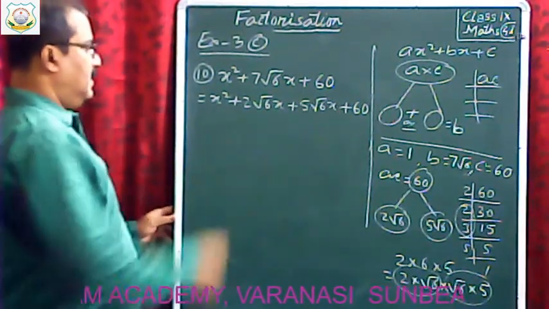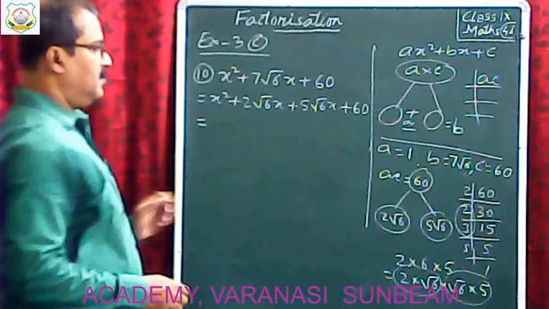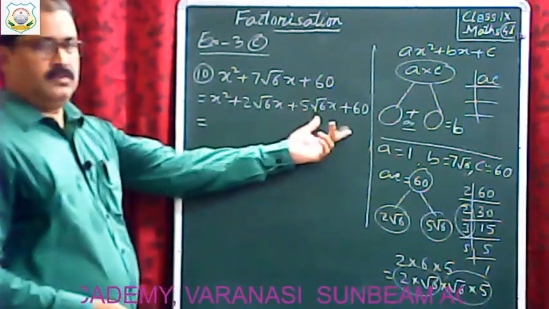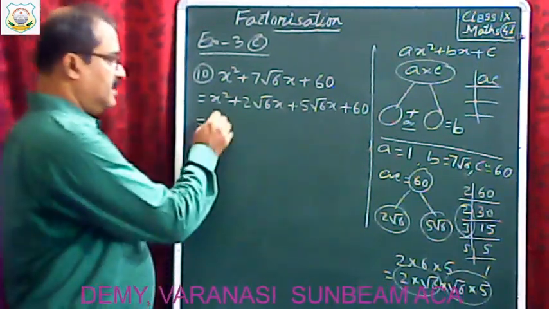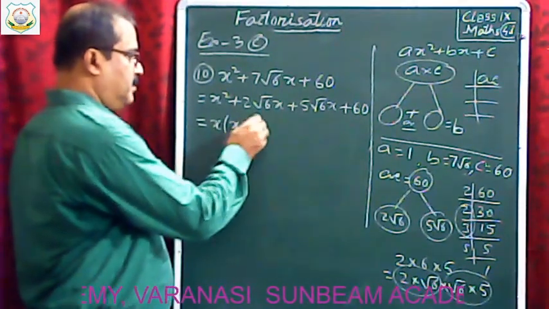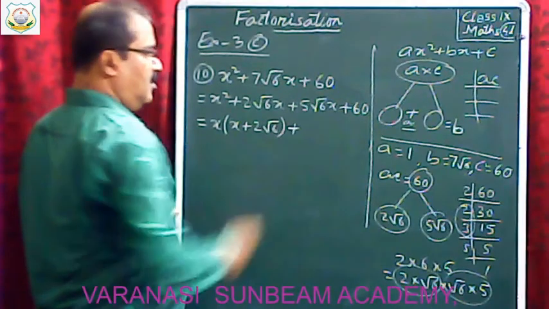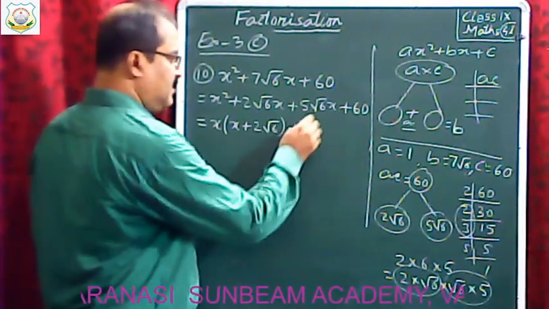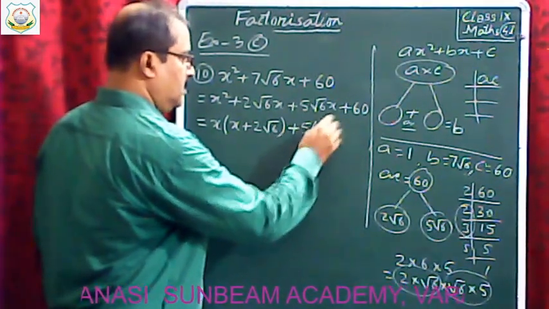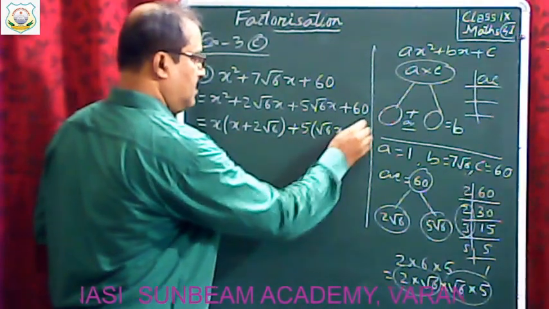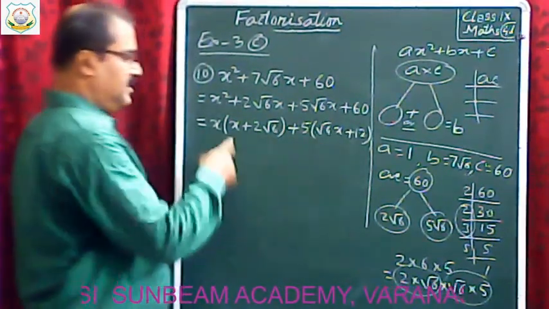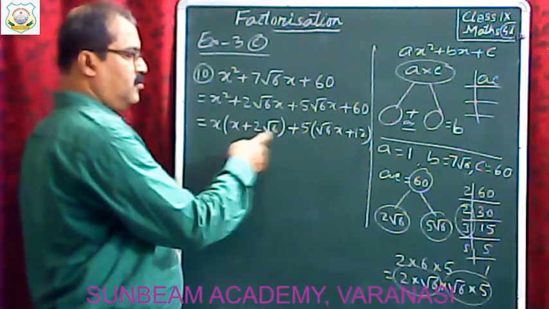Okay. Now thereafter, again you have to take out common from the first two and last two terms. From the first two terms, x is common only. So x plus 2 root 6 is left within the bracket. From the last two terms, we have 5 as common. Take out 5 common, so root 6 x plus 12. In the first bracket we have x plus 2 root 6.